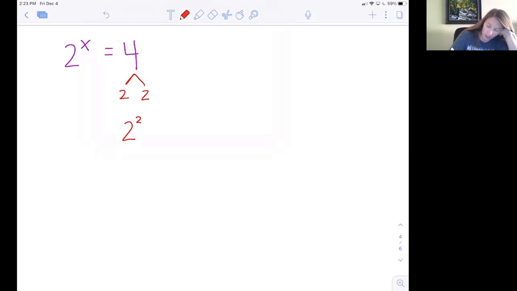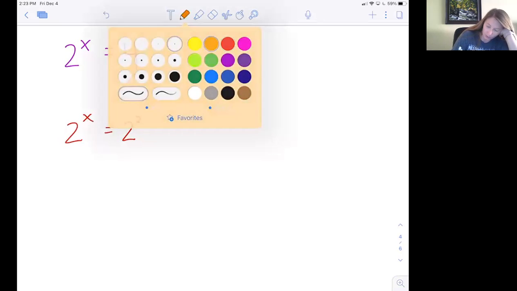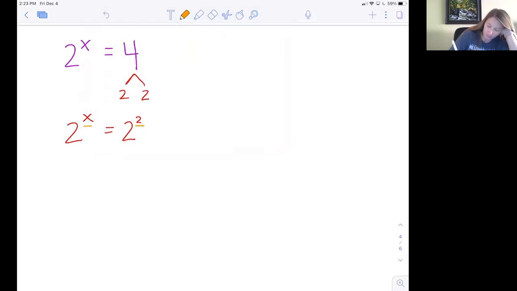So I'm going to rewrite 4 as 2 squared. And this 2 to the x just stays the same. So now I've got it so my base numbers are the same. They're both 2. So now I can just take these exponents and say x equals 2. And that's our answer.